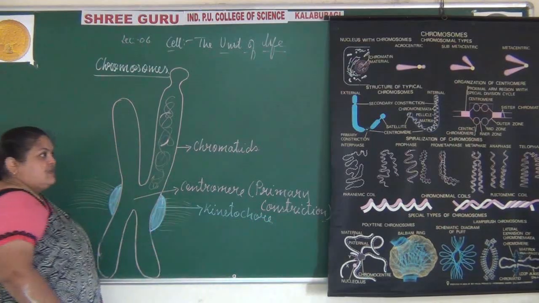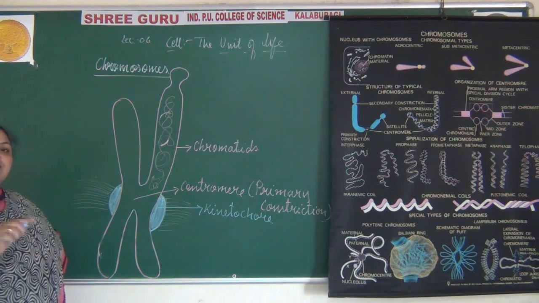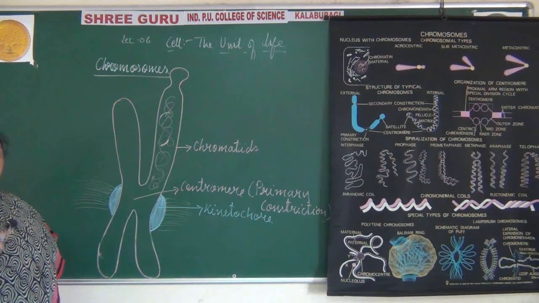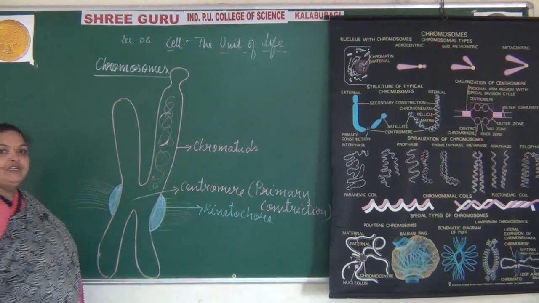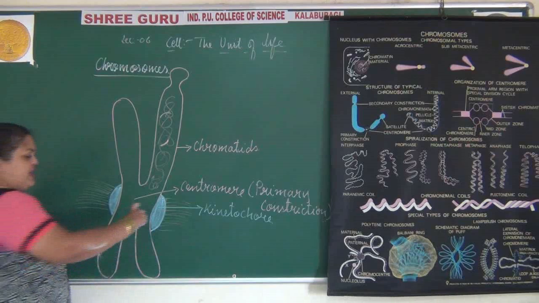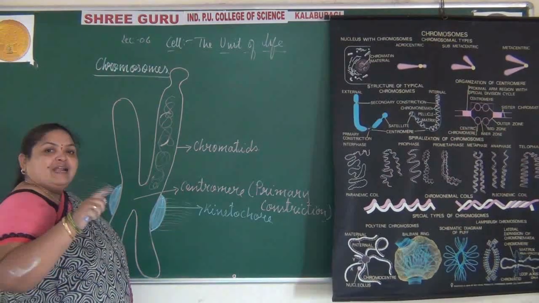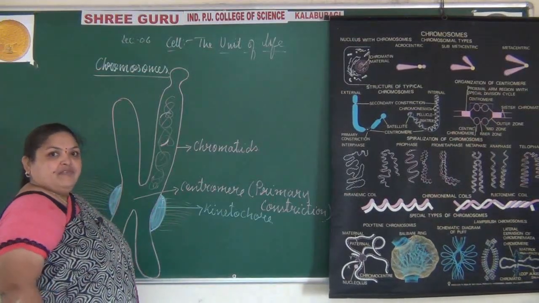It is known as the kinetic core, where during cell division the spindle fibers get attached. This happens at the end of metaphase and the beginning of anaphase.